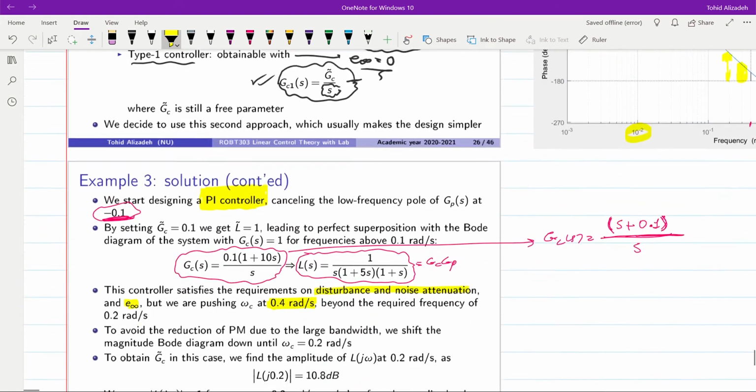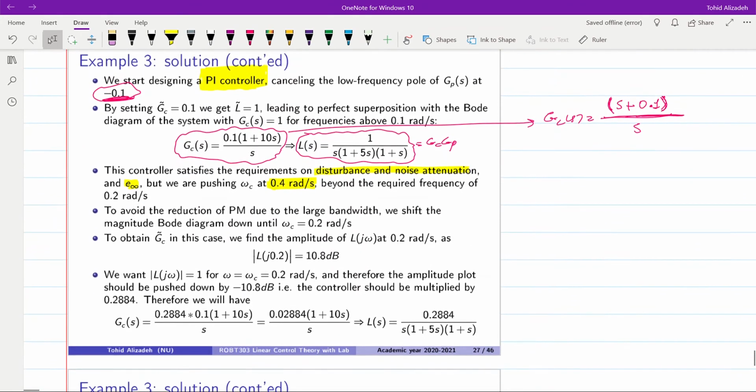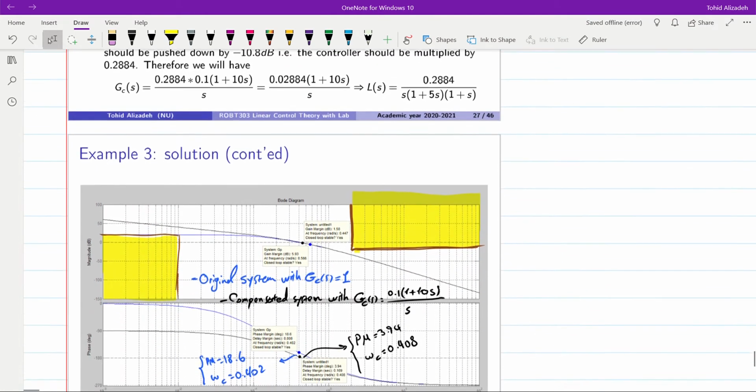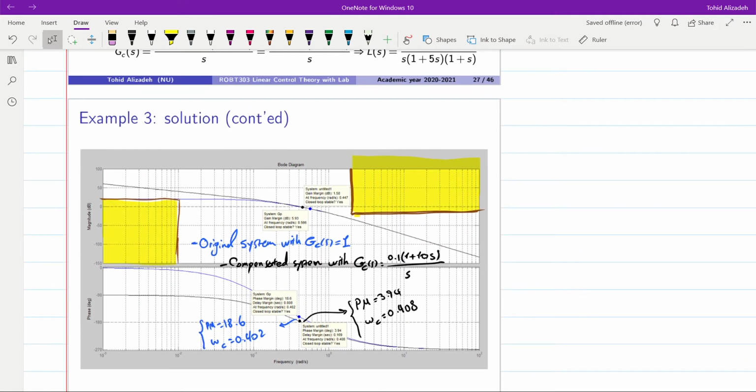Let's see what's the phase margin that we have right now, and then we will see whether introduction of the PI controller has changed it or not. So without the PI controller, the original system with GC equal to 1, we had phase margin equal to 18.6, and the crossover frequency was 0.402.